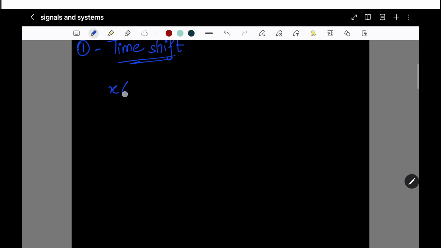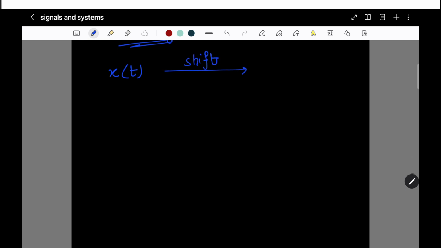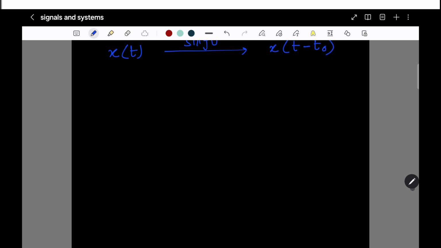Let's say you have a signal x of t and you shift this signal in time, which means that you have a signal x of t and you shift this signal by some amount which is t naught.